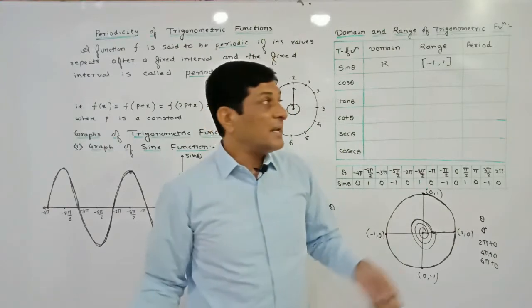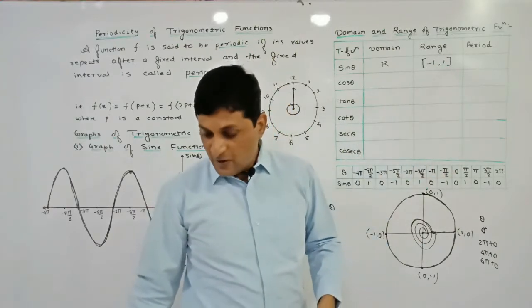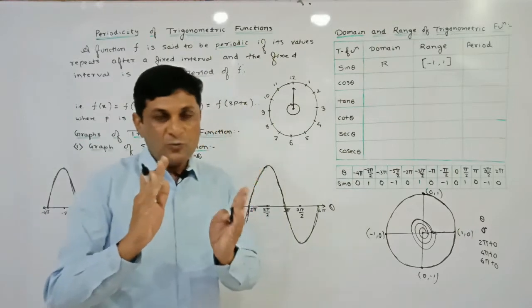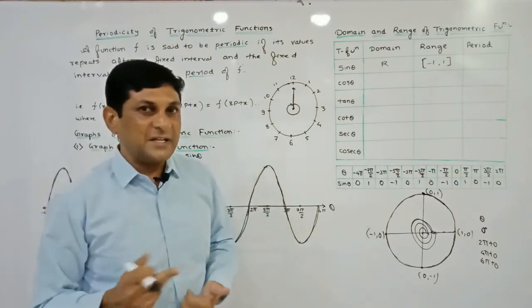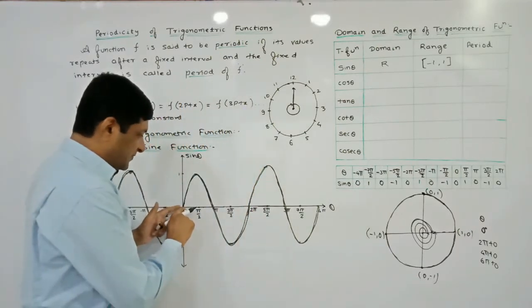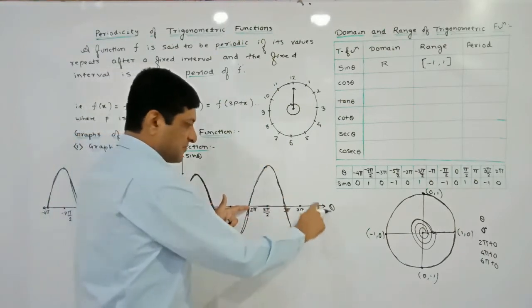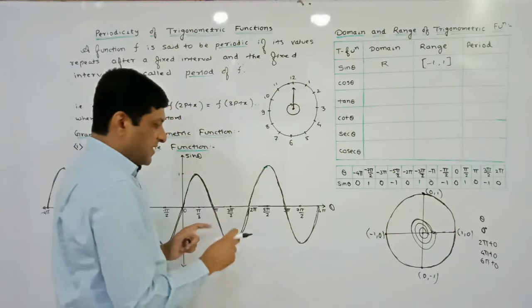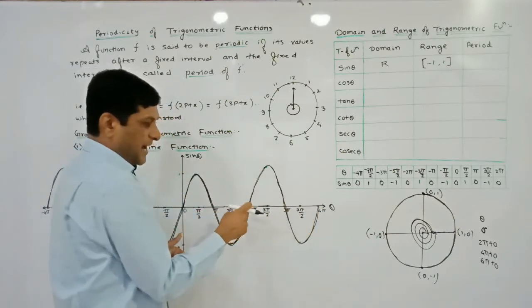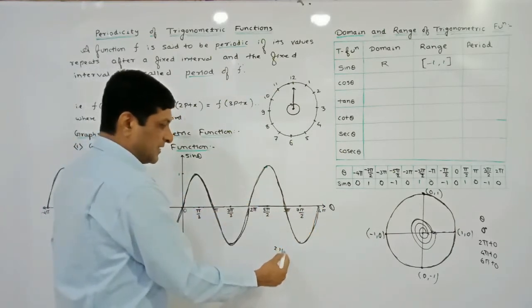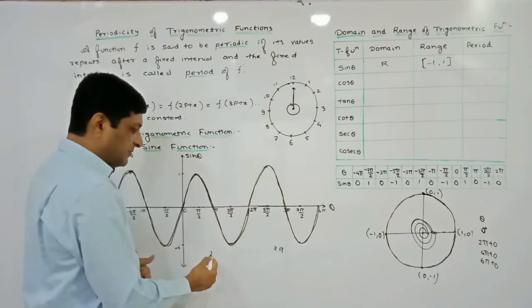Now lastly we are finding the period. Periodic means after what fixed interval the values of sin theta are repeating. Observe here from 0 to 2 pi. Again the same values are repeating from 2 pi to 4 pi. If we take the difference of 4 pi and 2 pi, we get 2 pi. Here also 2 pi minus 0 is 2 pi.